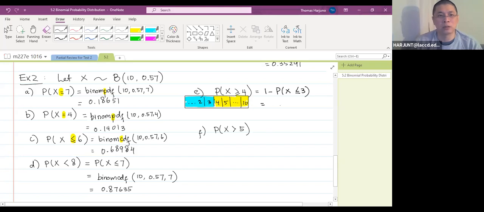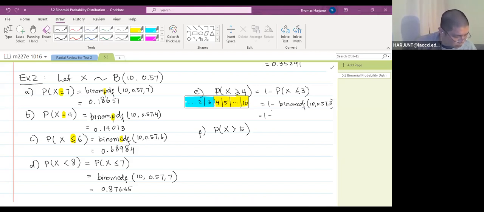That's 1 minus binomcdf(10, 0.57, 3). 1 minus 0.08058 is 0.91942.